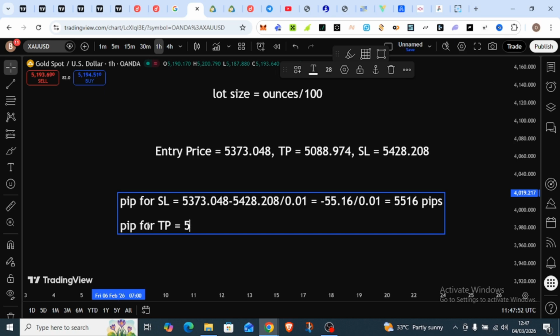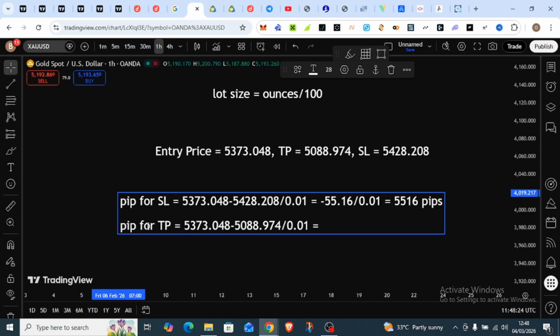We have 5,373.048 minus 5088.974 divided by 0.01.